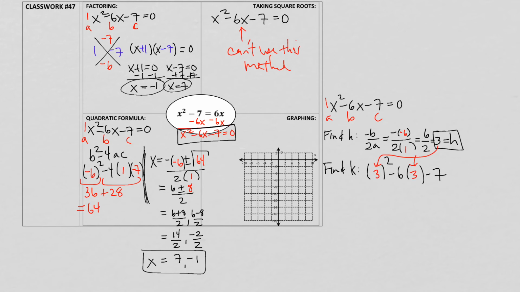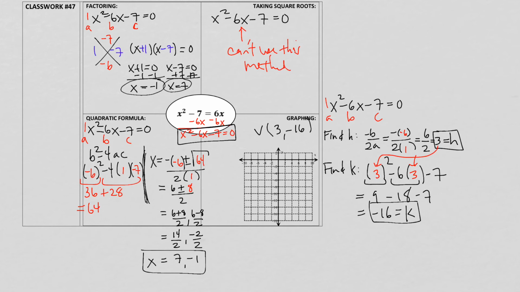And if I work this out, I get 9 minus 18 minus 7. That's just going to be minus 16. So now I found k. So guys, with all this work here, I just found the vertex to be 3 and negative 16.